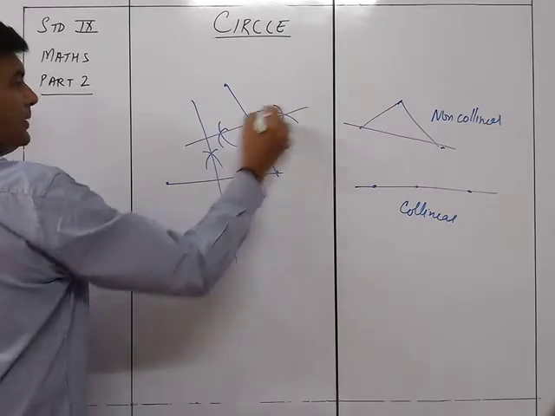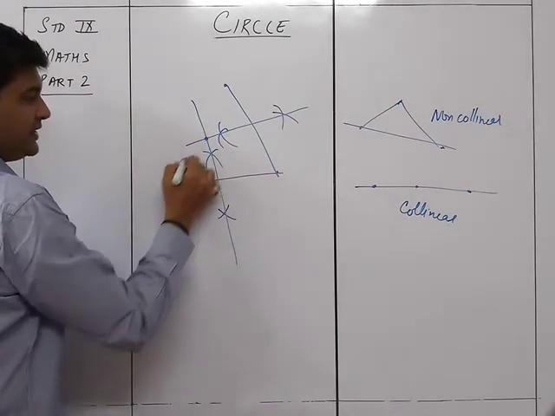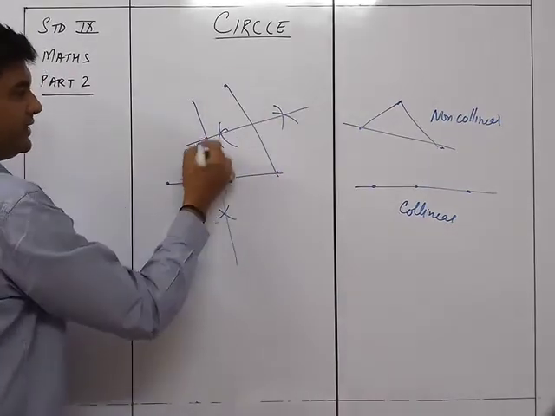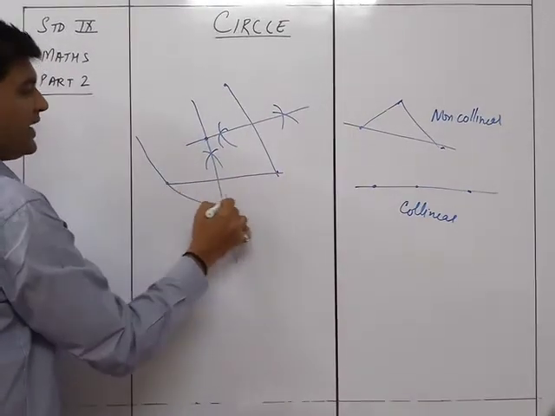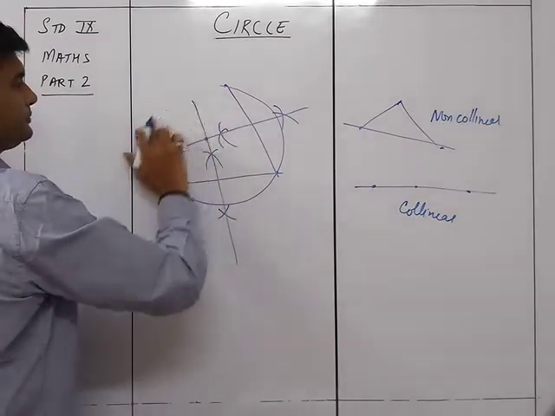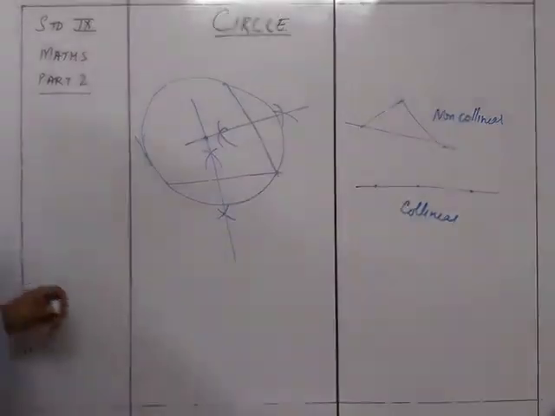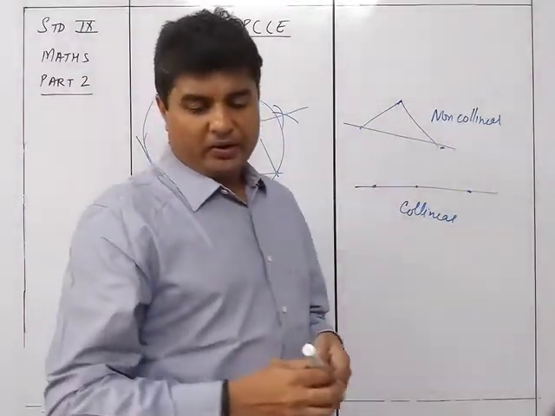Now the point of intersection of these is the center of the circle. Take this much as the radius, or this much, or this much, and draw the circle. You will find that the circle can be drawn like this, with the center as the intersection of the two perpendicular bisectors.